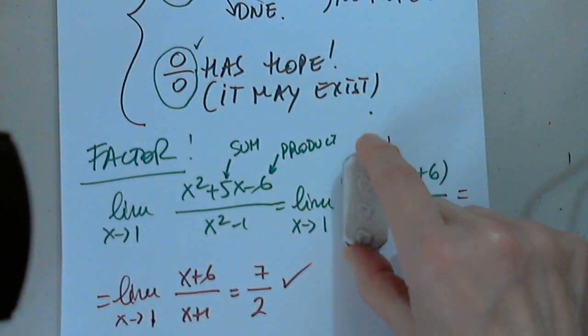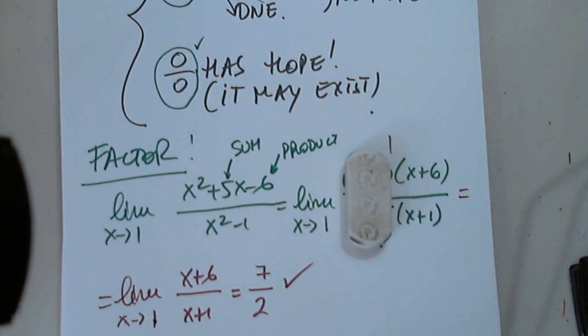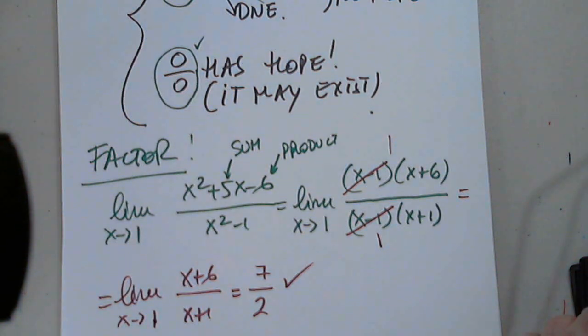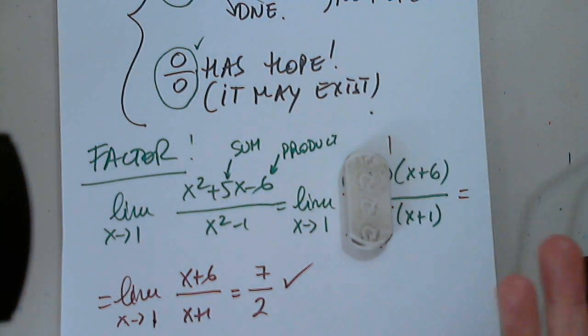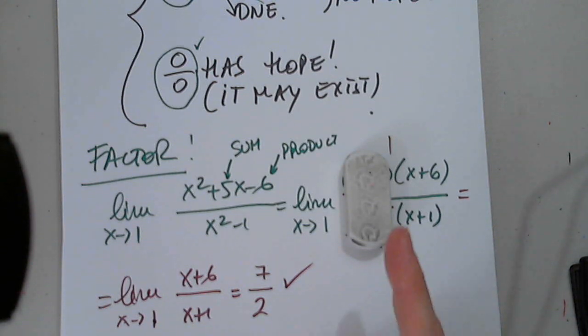Once I removed that situation, I had only x plus 6 over x plus 1. So now the limit of this is 7/2. But I have to simplify it first. If I don't simplify it, I still get 0 over 0. Once it goes away, the limit exists and it's 7/2.